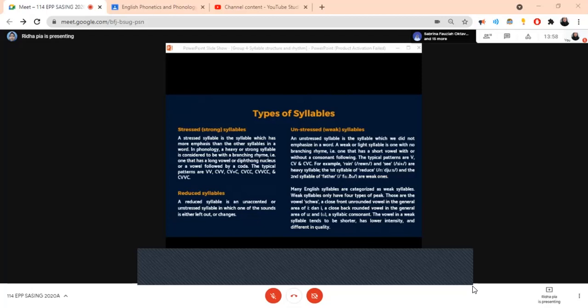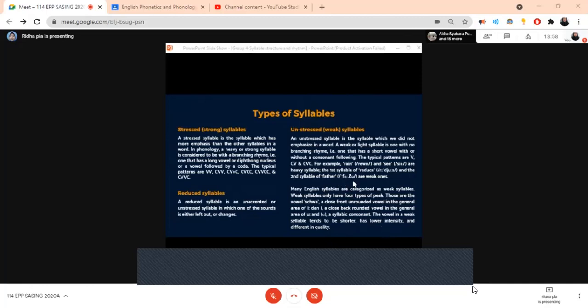So, stressed syllables. When you say a word that has two syllables, like, wait, let me find examples. For the word father, the first syllable fa is a stressed syllable because it has more emphasis than the second syllable the.